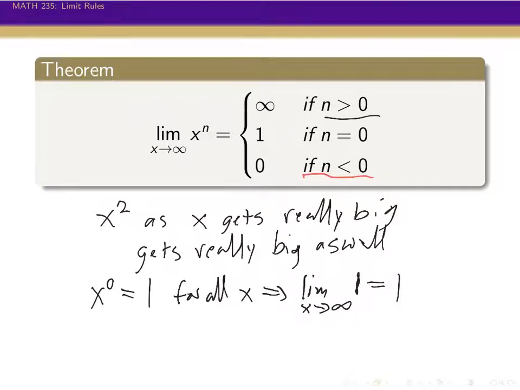Now, last but not least, if our exponent is negative, then the function x to the n is going to be going off to 0. Consider the limit as x goes to infinity of 1 over x squared, so here our power is -2, so n equals -2. As x gets really big, x squared is getting really big, and you're going to have 1 divided by something really big and positive.